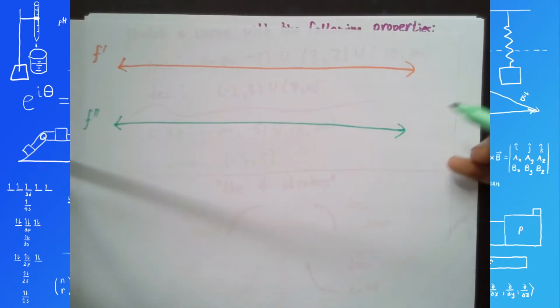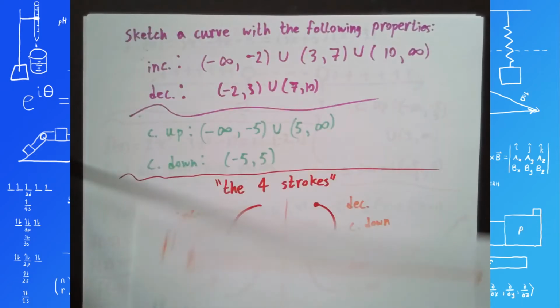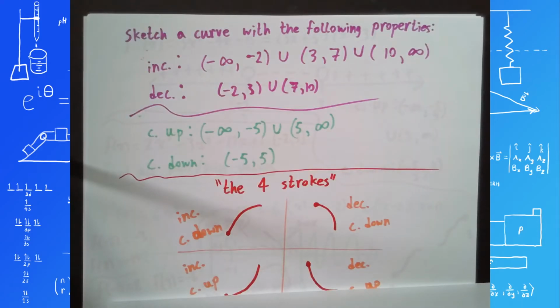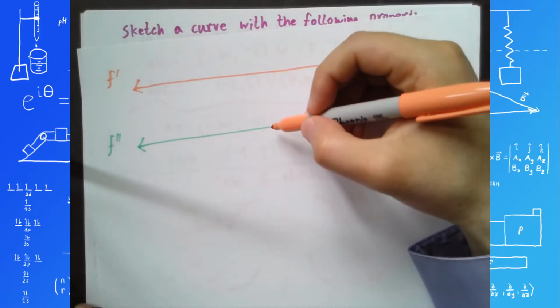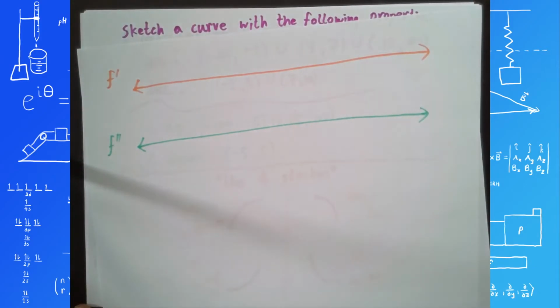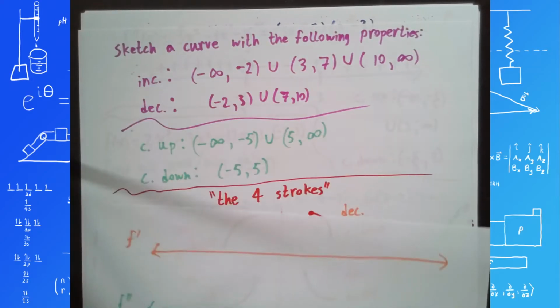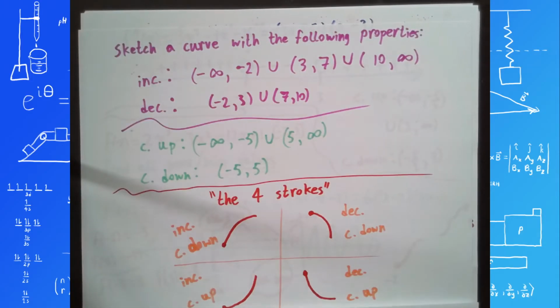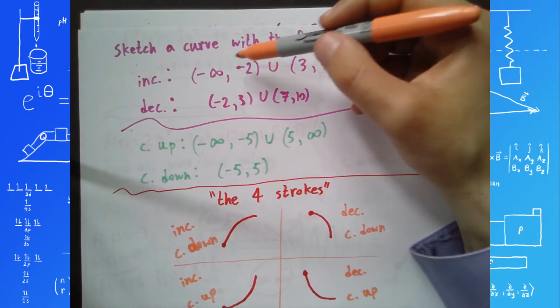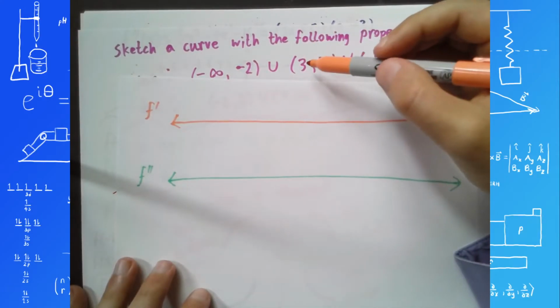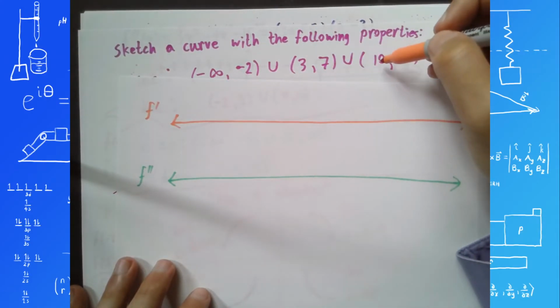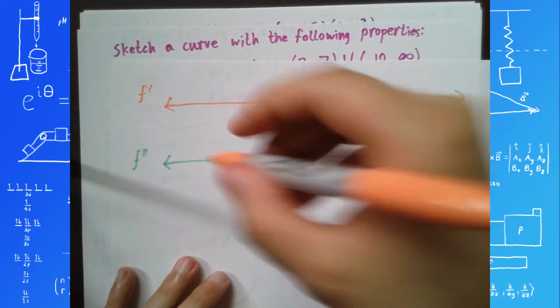This time I want to be careful with how I label my critical points. I want to make sure that they match up across both number lines. So wherever I have x equals 0 on this orange number line, that's where I want x equals 0 on the green number line to be, and vice versa. So let's see. I'll start with the orange one. It looks like we've got -2 is a point of interest, 3 is a point of interest, 7 is a point of interest, and 10 is a point of interest.